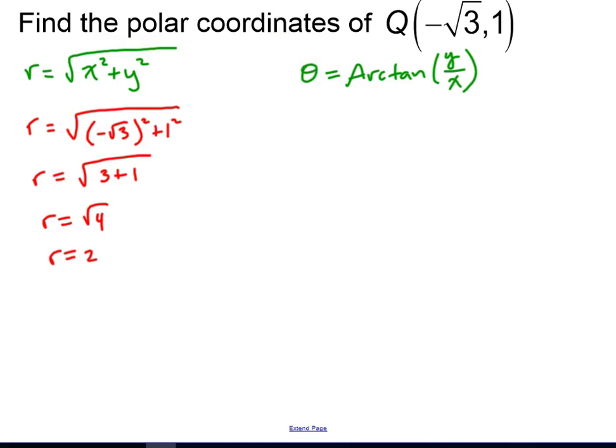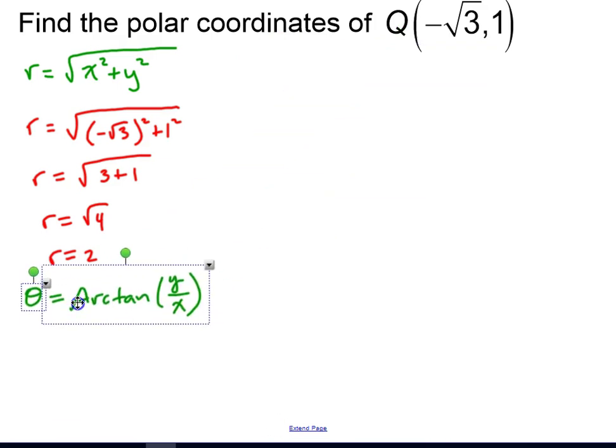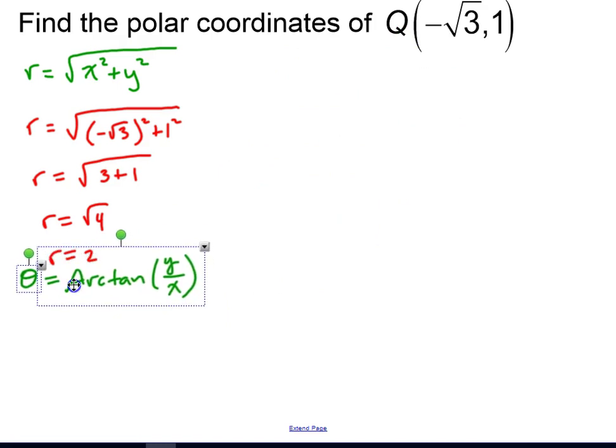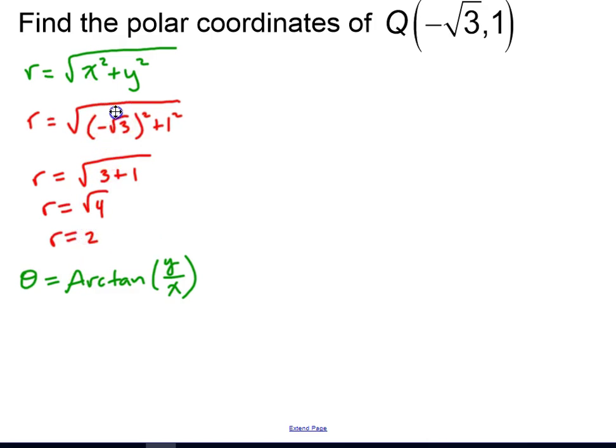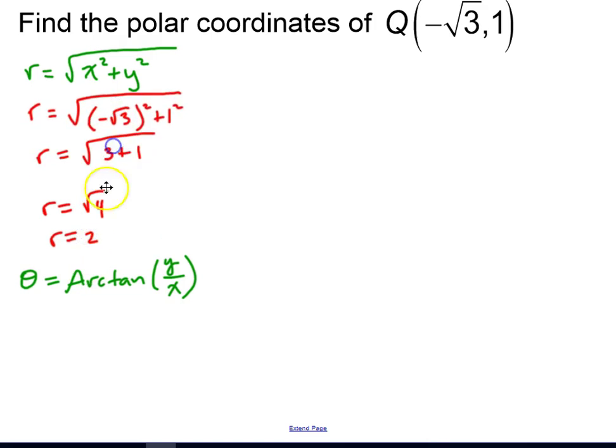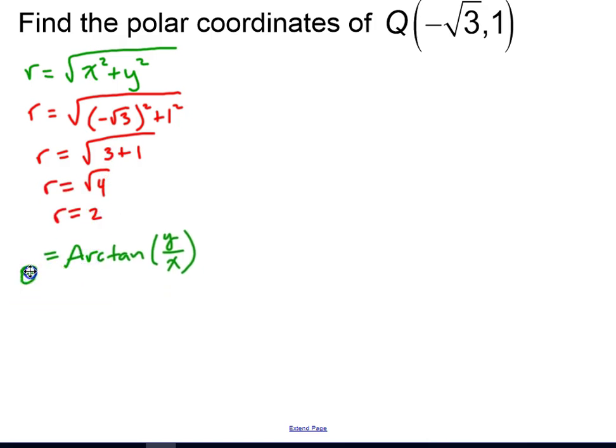And I'm actually going to move this over here. Slide some of these up a little bit. All right, so we want to use this theta formula, the inverse tan, the arctan of y over x.